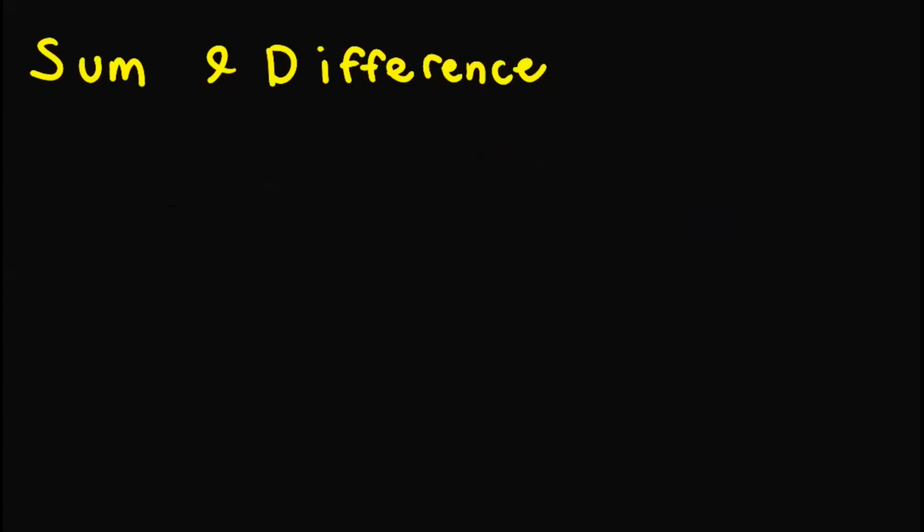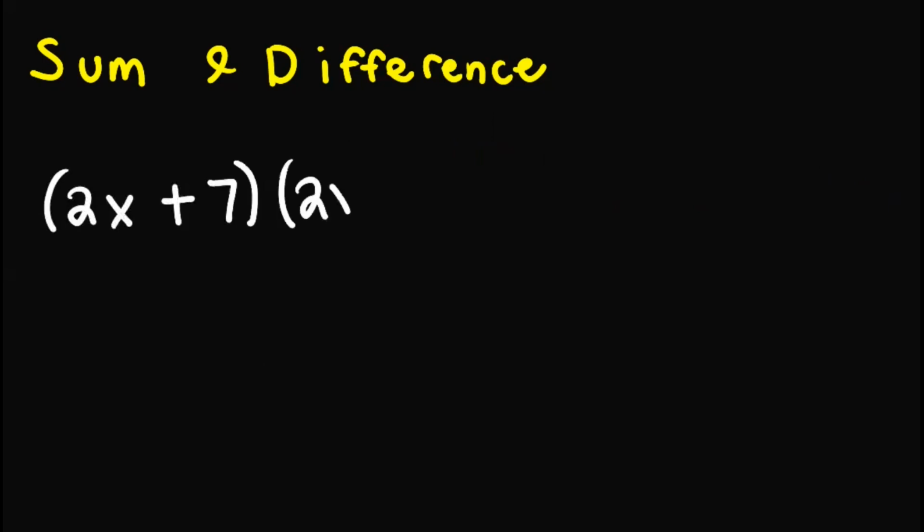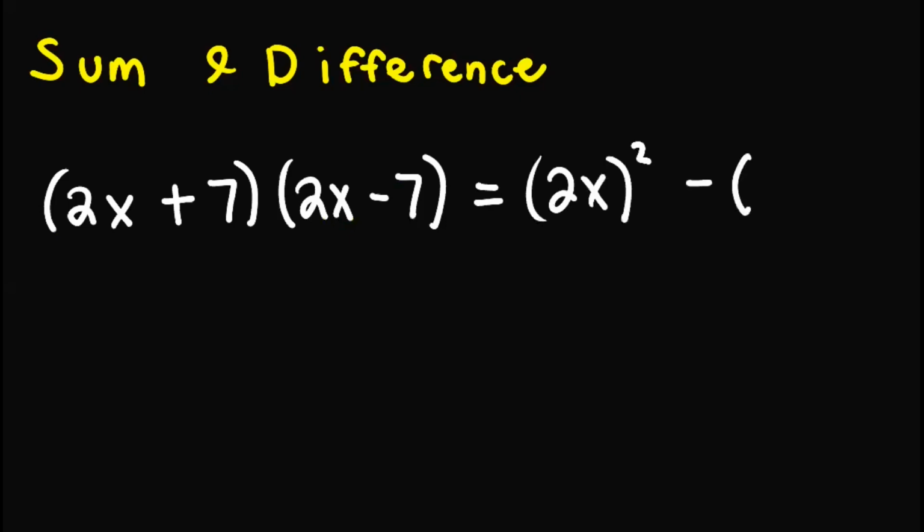So let's show some examples applying this one. If we have 2x plus 7 times 2x minus 7, multiplying this would give us (2x) squared minus 7 squared.